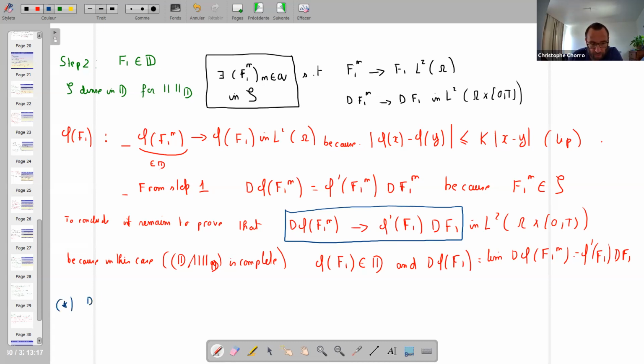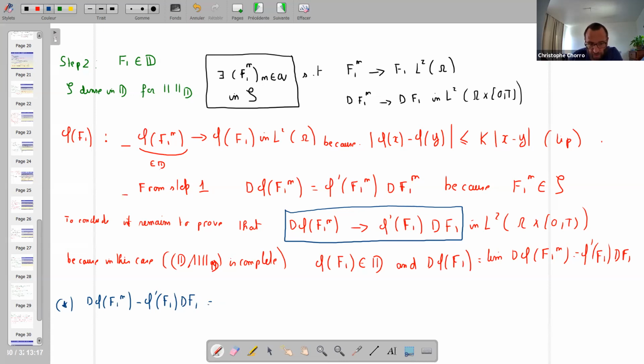So let's consider D of phi F1n minus the limit I am interested in. I know that this one has an expression from step one.